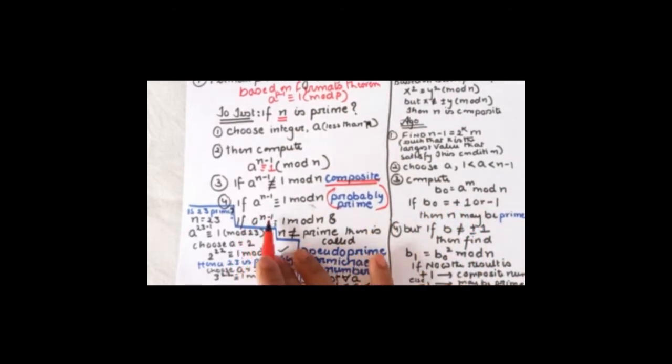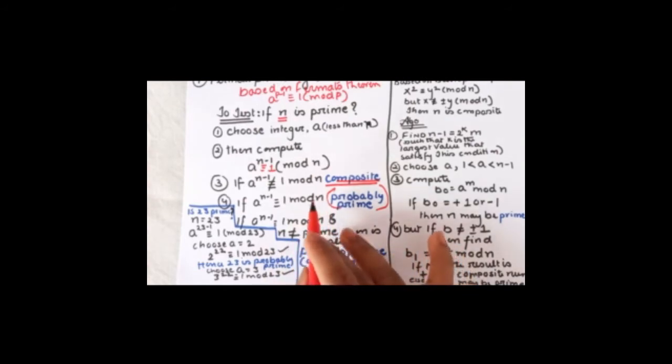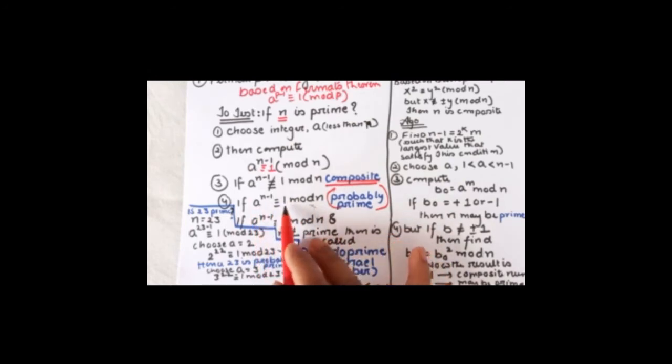If a to the power n minus 1 is congruent to 1 mod n and still n is not prime, then, as I said, this condition only means n is probably prime. But if it is not prime, then it is called a pseudo prime number, because it looks like a prime number, but it is not a prime number.